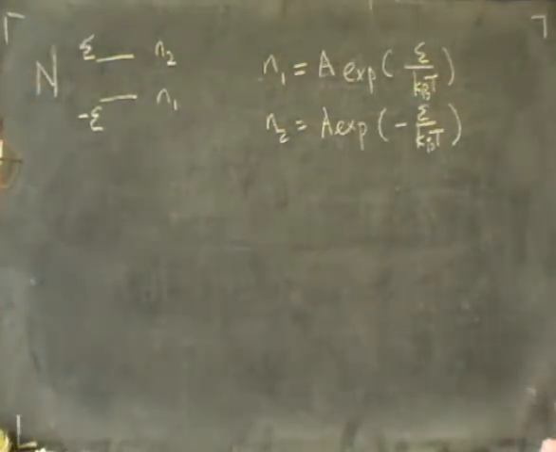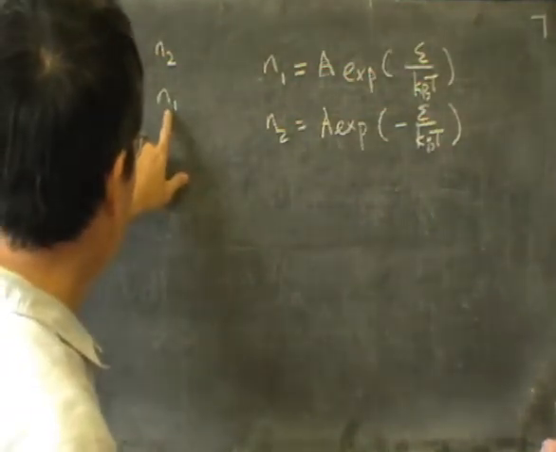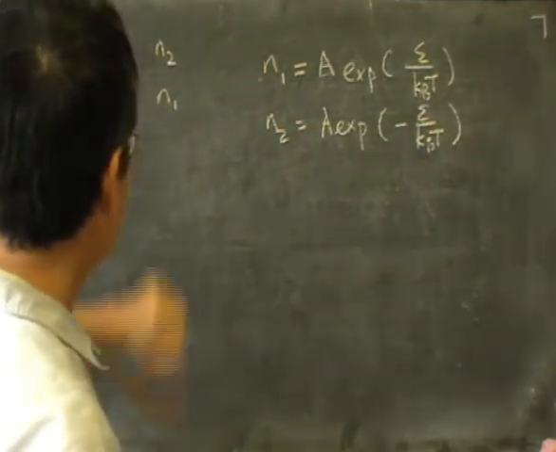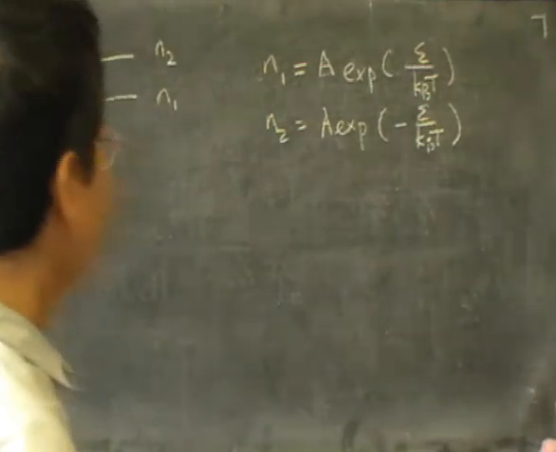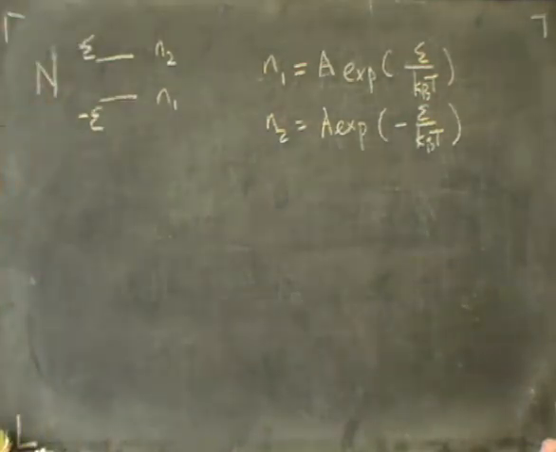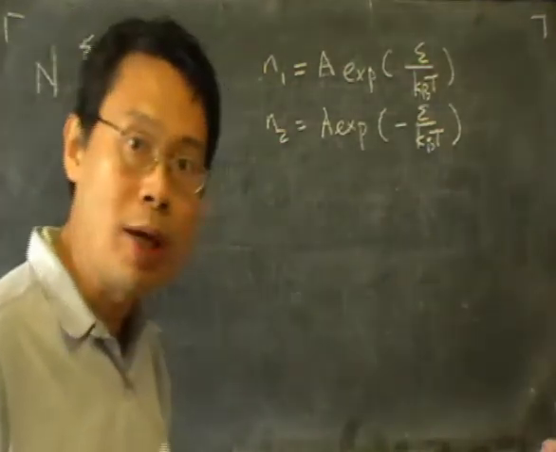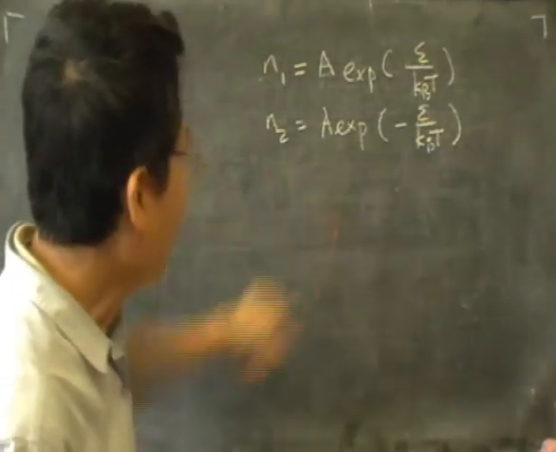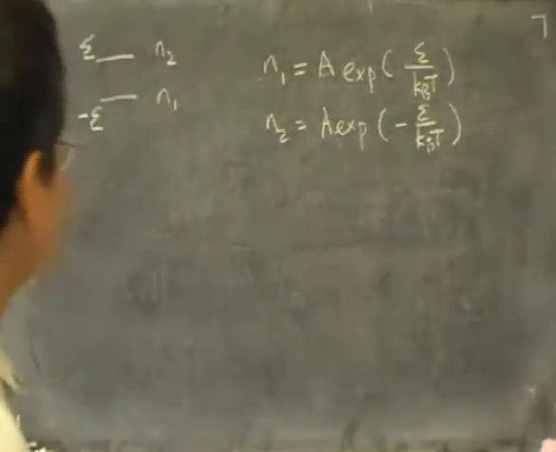We can find the total energy by multiplying the number of atoms or ions in each level by the energy. But before we actually do this, we have the unknown A, and we really need to find A first. So we should do that.